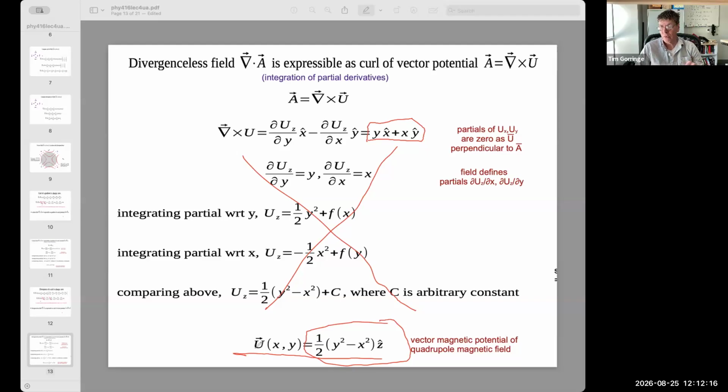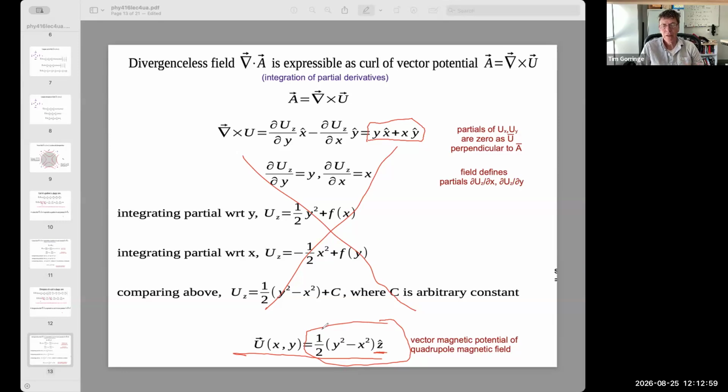The underlying potential must be perpendicular to that, because we're going to get the field by taking the curl of this potential. So that's going to give us something that's perpendicular. And so the potential must be perpendicular to the field. And so that's why it's in the z direction. It depends on the x and y coordinates, and is given by 1/2 times the difference of y squared and x squared. And so this is just showing you a particular example of a vector potential that could be used, if useful, and will be useful, to represent a vector field.